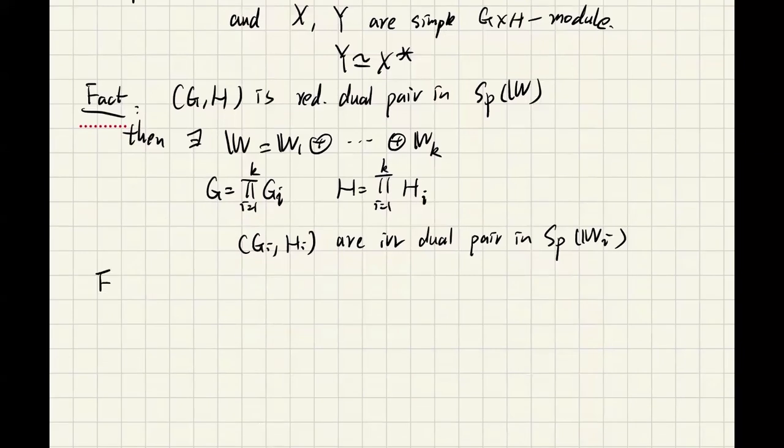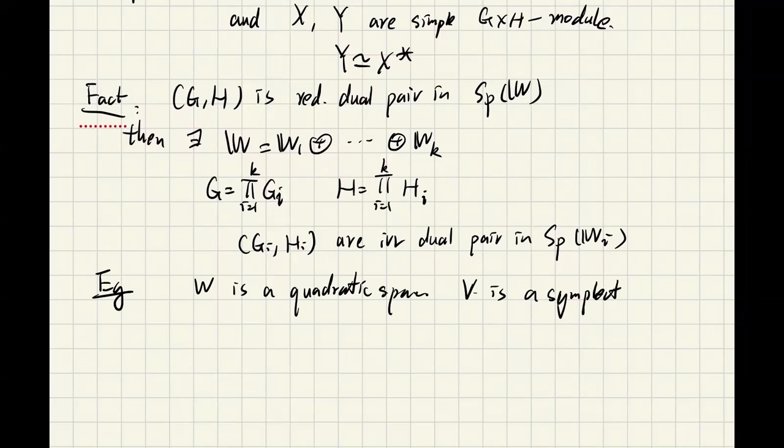A typical example is that, for example, W is a quadratic space and V is a symplectic space. Then W tensor V is a symplectic space.